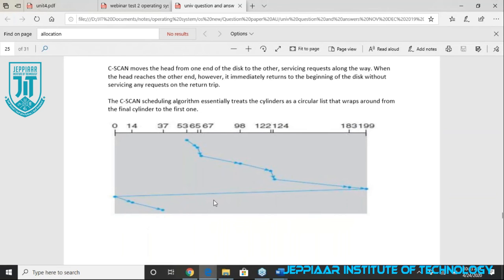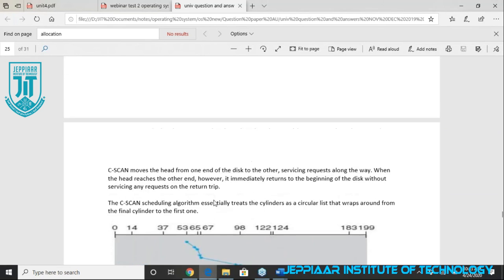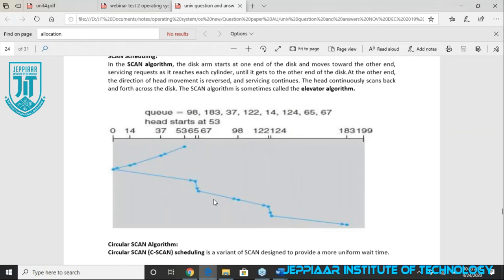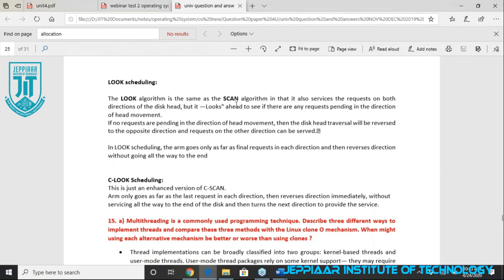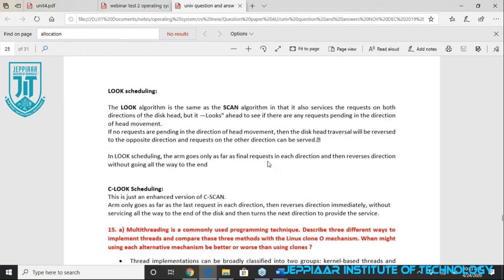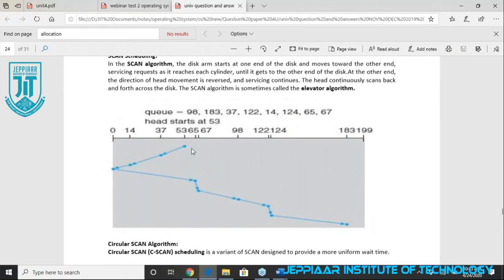Okay, your look and C look algorithms are similar to your scan and C scan. Your look algorithm is similar to your scan algorithm. The difference is, in look algorithm, you start with 53, 37, 14. Don't go unnecessarily to the ground floor because after 14, I don't have any other request in my question.